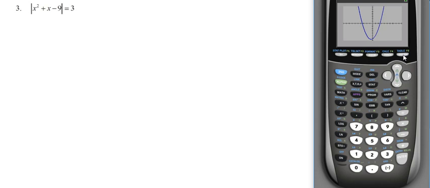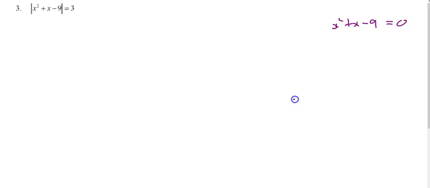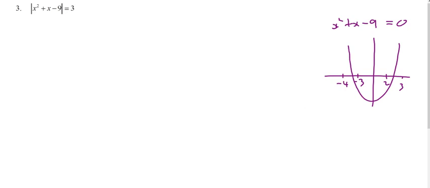It's got a root that's a little bit below negative 3 and another between 2 and 3. Something like that. So our cases are going to be this. We can't actually put a value to these without going to a lot of work. We would have to use the quadratic formula to solve. It's not worth it. So we're just going to say, okay, look, it's case 1.